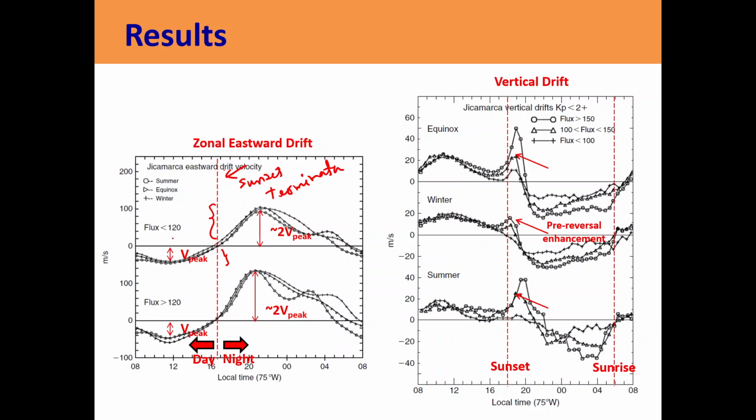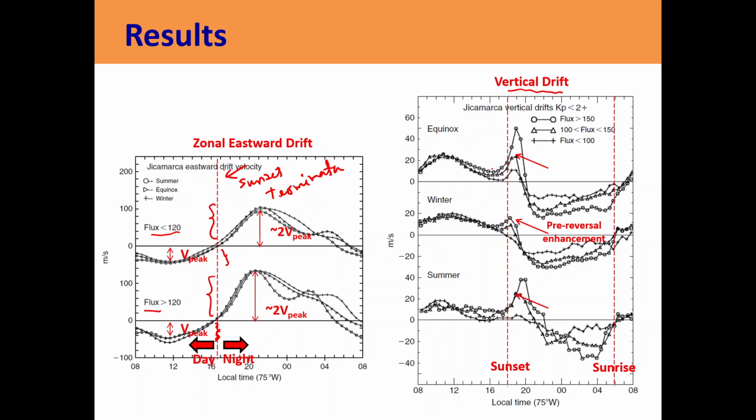And in here they just look at different solar flux values, less than 120 and more than 120. But in both cases, the situation is the same, right? Meaning that during daytime you have a certain direction. I think this is west direction, and then for nighttime you have another direction, east direction, yeah, like a switch.